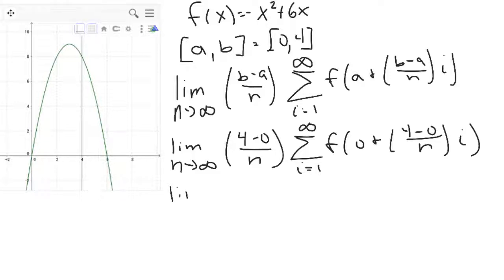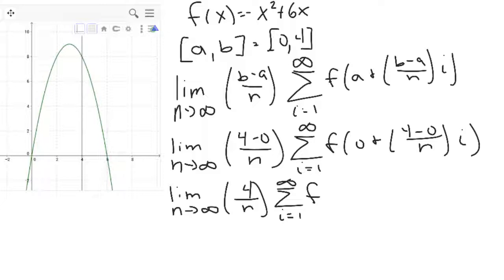So I got the limit as n approaches infinity of 4 over n times the summation i equals 1 to infinity of f of, remember 4 minus 0 is 4 over n, is 4 over n plus 0 is just 4 over n times i. And this right here is a simplification of this right here.